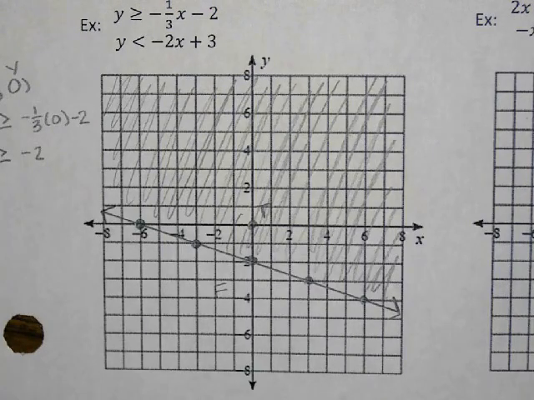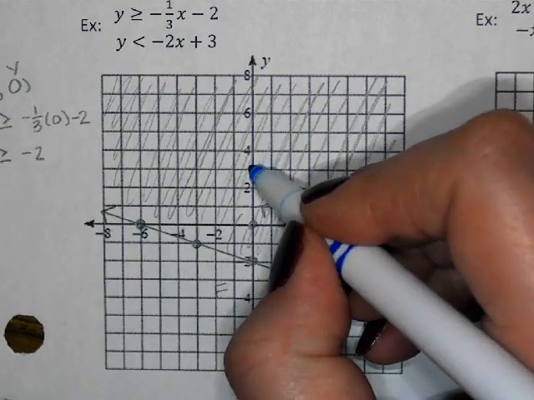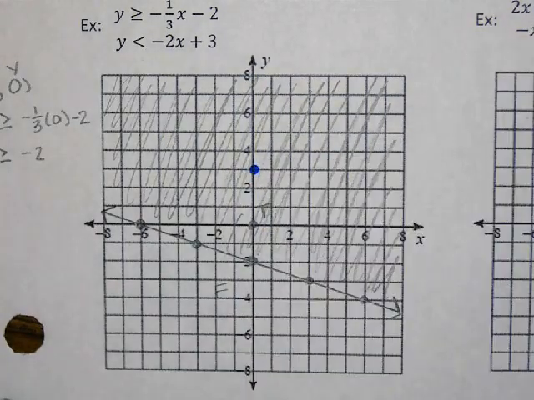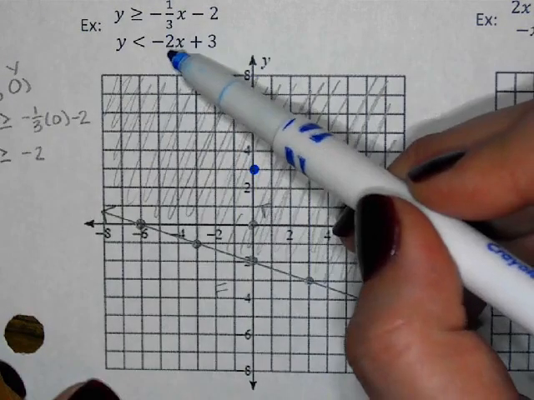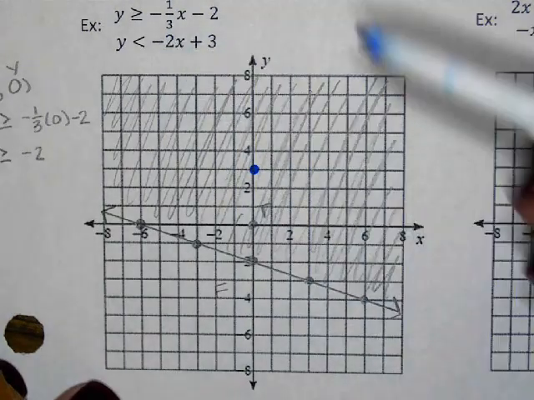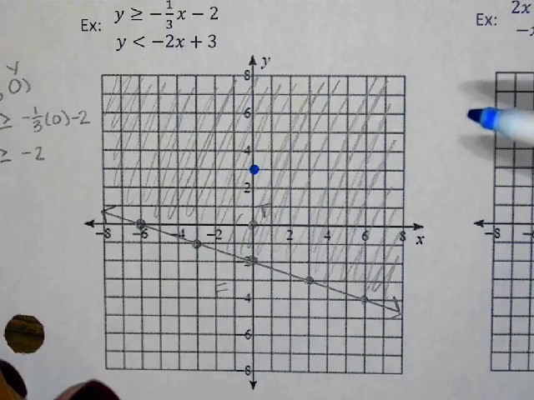All right, for the other line, what do I do? You go to 3. This one for the slope just has a negative 2, so how do I make that a fraction?